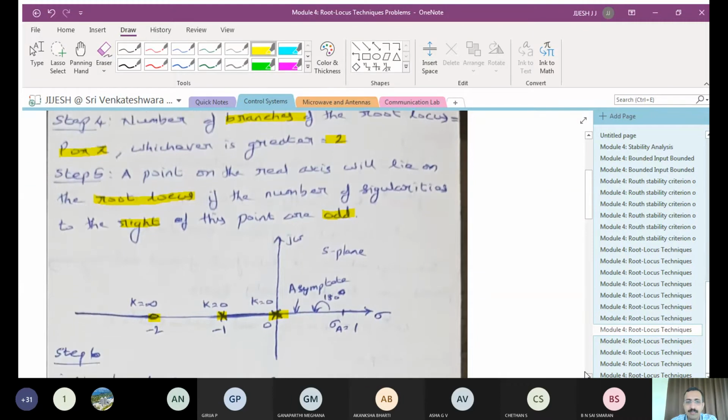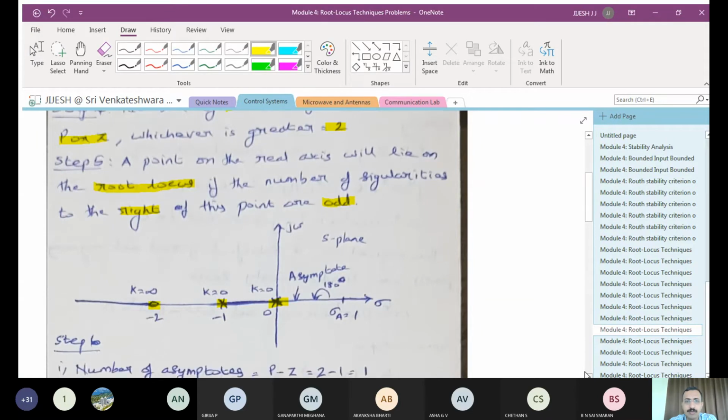So after completing step 5, now you have to find the number of asymptotes. How many asymptotes are there here? One, sir. So you have one asymptote. Now you find out the centroid, and you also find out the angle. The number of asymptotes is given as number of poles minus number of zeros.